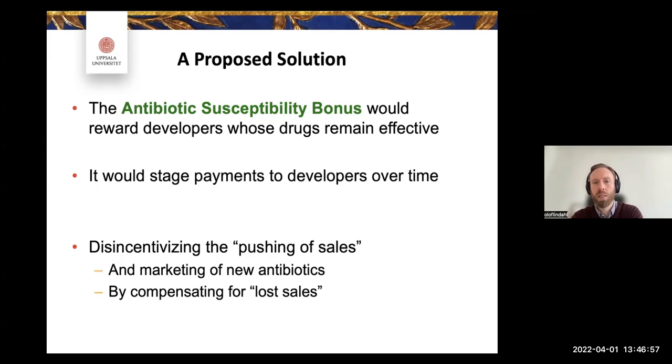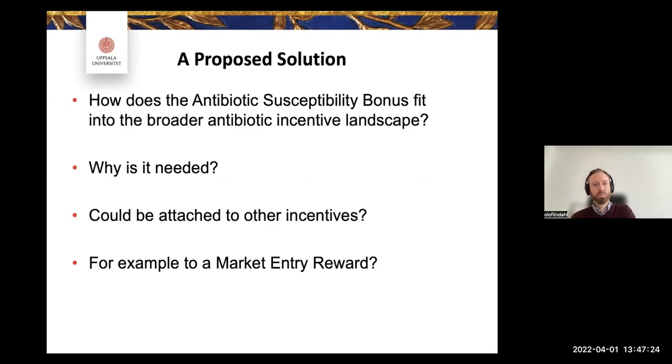Of course, that they have to do that in the first place is a problem, and we should address that, but that's not what we're doing here. We want to compensate them instead, so that they don't do that, because we need to steward the new antibiotics, and we can pick up the bill as healthcare systems instead of having this happen.